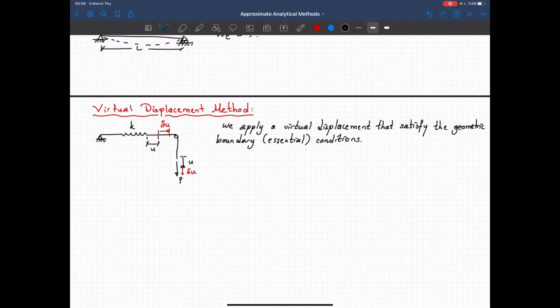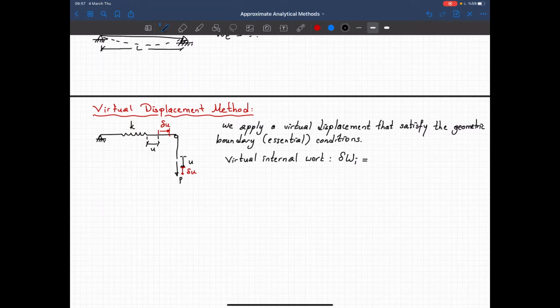Okay, so since the displacement is virtual, it is not really on the system, we can calculate the virtual work. So the work we calculate because of that displacement will not be the actual work, but it will be the virtual work. The virtual internal work, let's show it with the symbol, is equal to internal force times the virtual displacement.